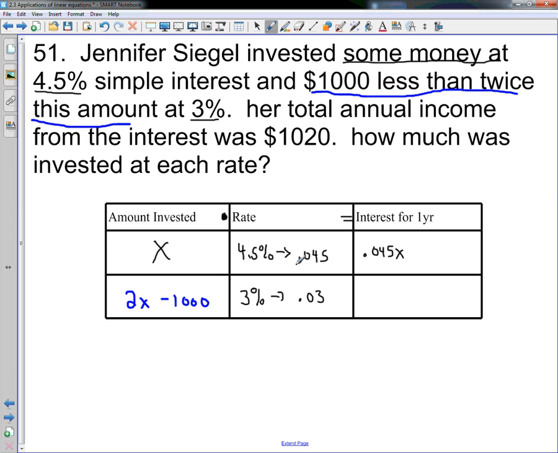We could write it as x times 0.045, but the habit is to write it in back. In our second one, we're going to have 3%, so 0.03 times this value. Now notice that we have two terms, so when we write the multiplication, we want to include that in parentheses. So we have 2x minus 1,000.